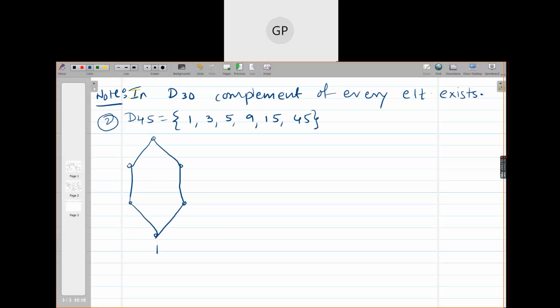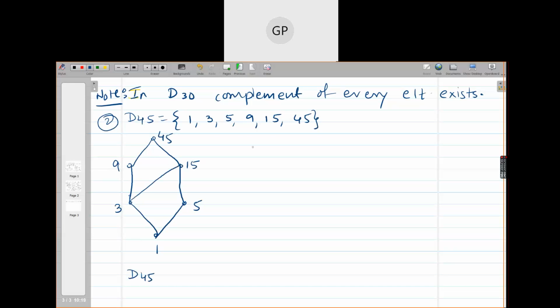It is similar to D20. Whenever you have 6 elements, such kind of Hasse diagram could be drawn. 3, 5 are non-comparable elements. And then we have 9, and 15 is divisible by both. Okay, so this is D45 Hasse diagram.